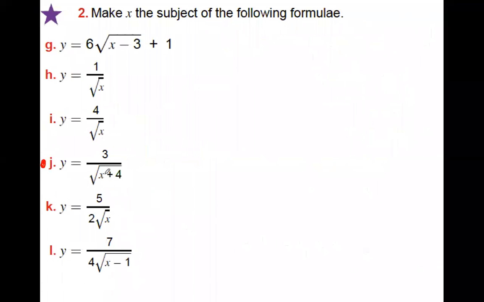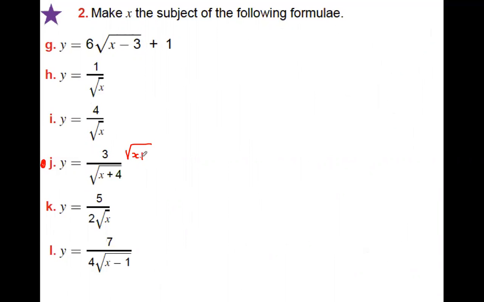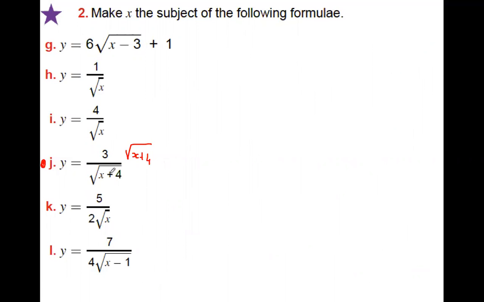Let's say you've got x as a fraction there. Okay, so what you could do is make this a 1 by timing both sides with root x plus 4, right? So if I time by root x plus 4, both sides, then that will become a 1.